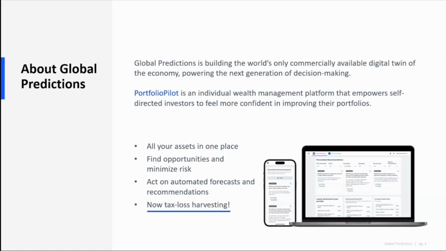So if you haven't used it already, one thing you'll know is you can see all of your assets in one place. You can find opportunities to improve your expected returns and also minimize risk. We also have, from our recommendation engine, automated recommendations and forecasts that you can act on. And then most exciting is now you can actually tax loss harvest as well with this new feature.